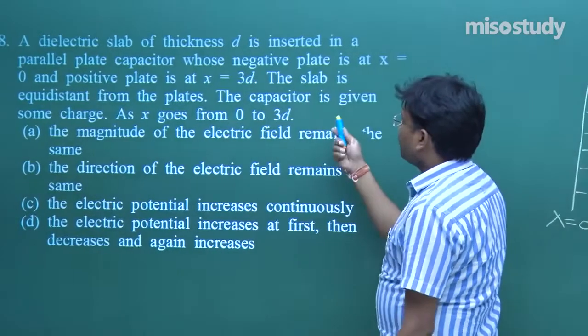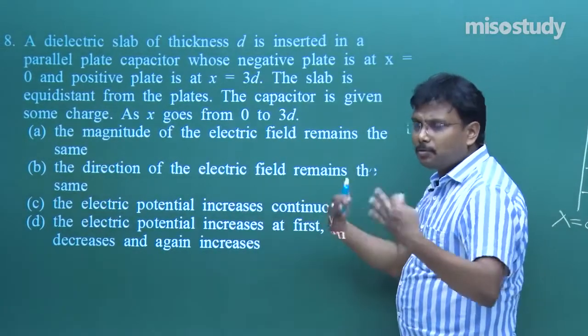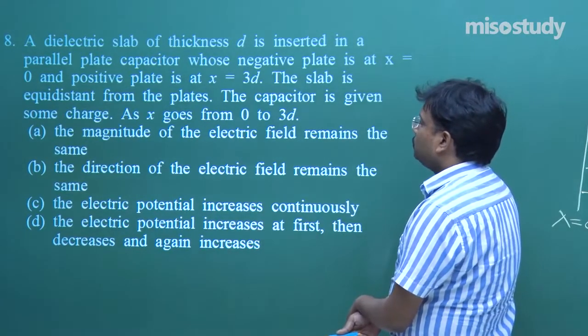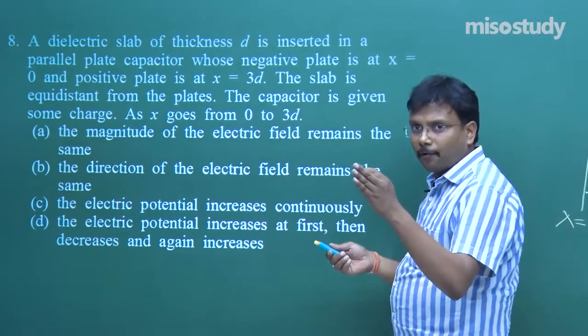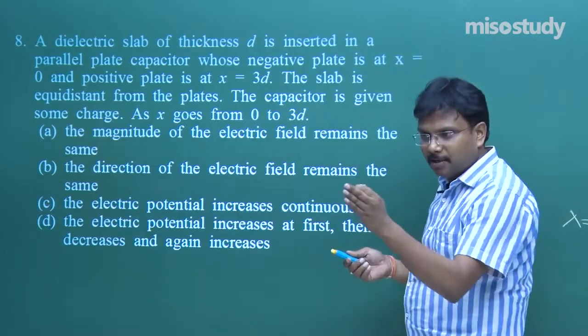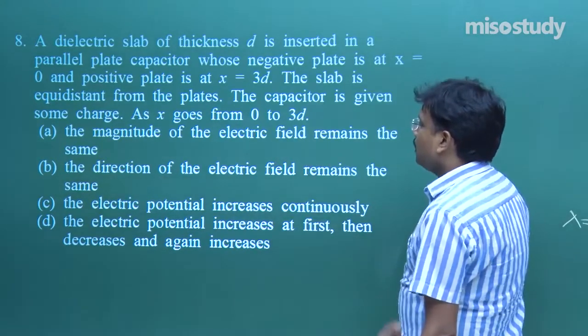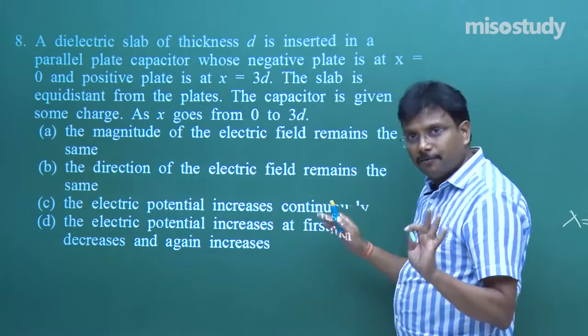The capacitor is given some charge. Charge means it is connected. Now charging is taking place. As x goes from 0 to 3d, as you are moving from the negatively charged plate towards the positively charged plate, then you have to check which option is correct. Fine.